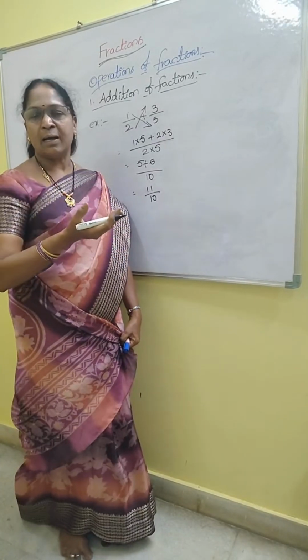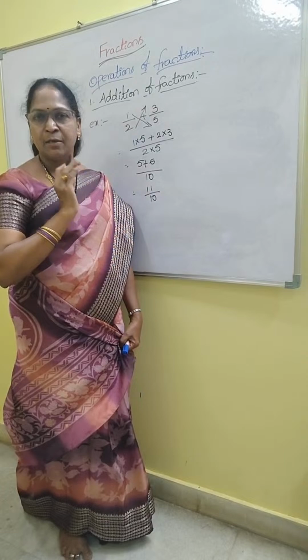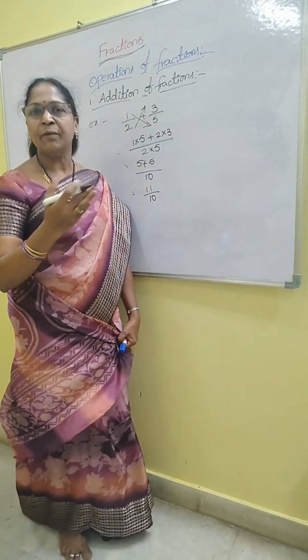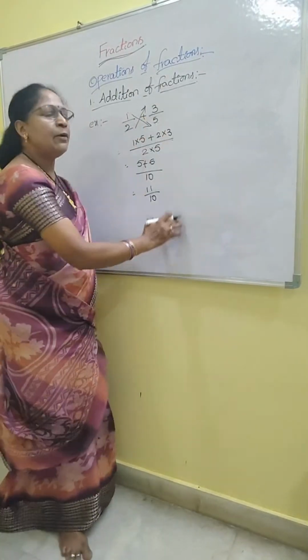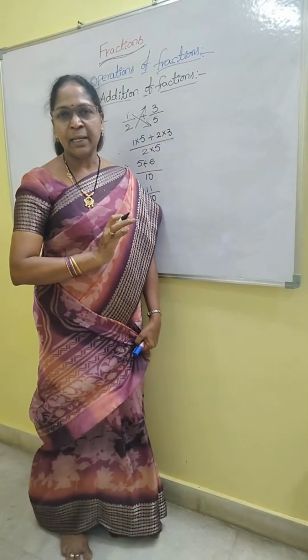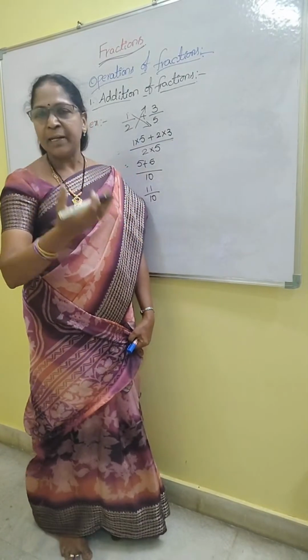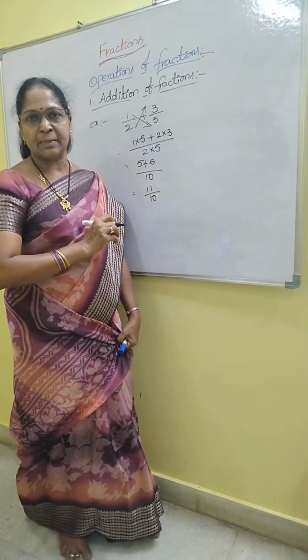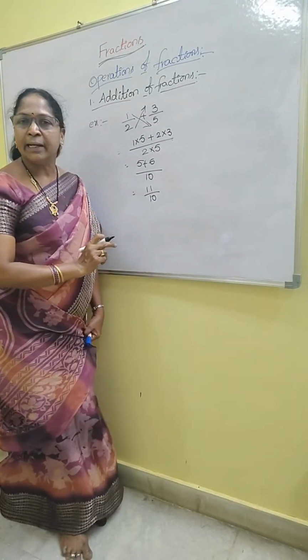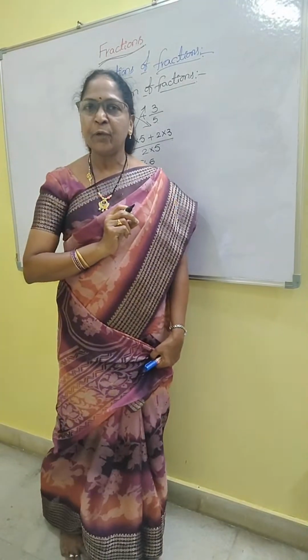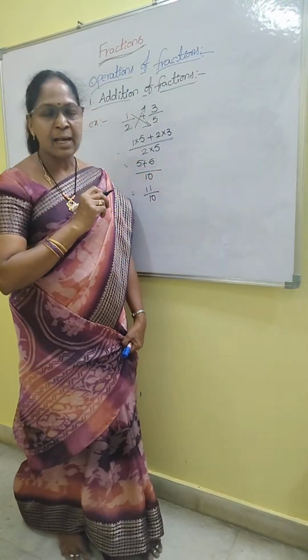But if more are given, then I will explain slowly. One by one we will learn. Today we are learning the basics of fractions only. Those are also basic operations of fractions today. Now here also we are getting 11 by 10. We got it. 11 by 10 is the answer.